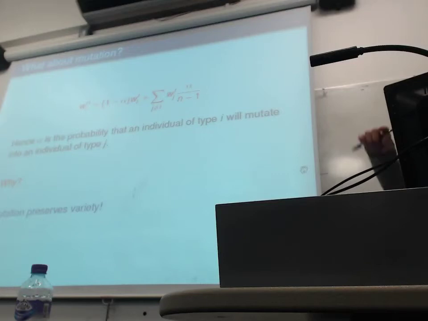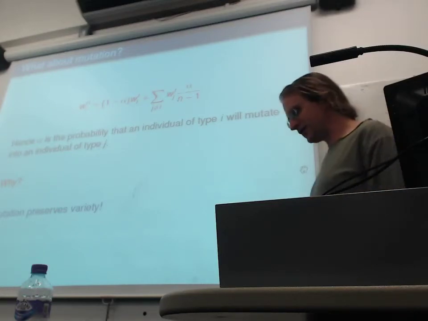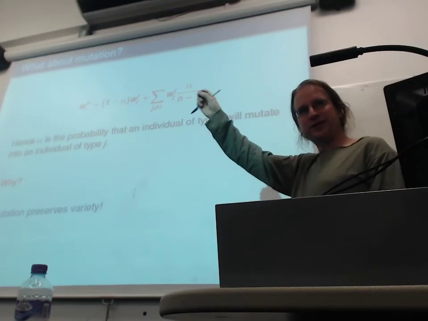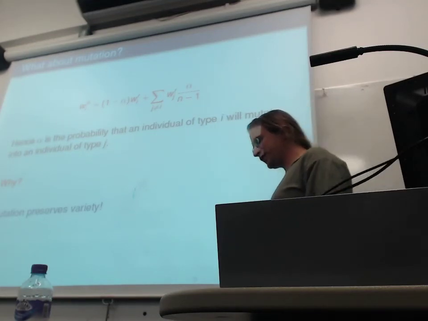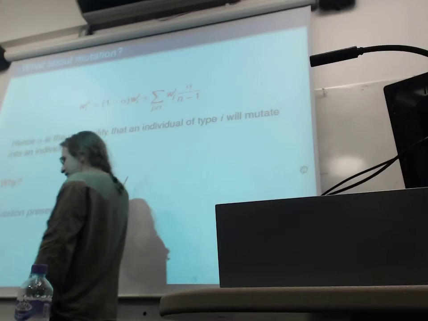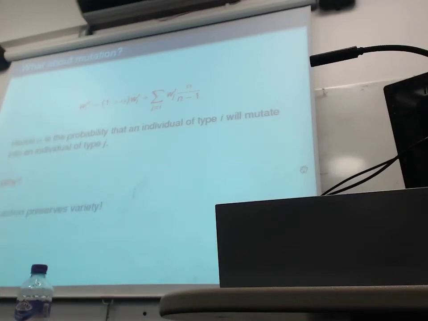Now, when you did a simple GA, the way you did mutation was you flipped a bit for every position on a bit string. But imagine that we could do the following kind of structureless mutation operator, where each individual could change into any other potential individual with uniform probability.